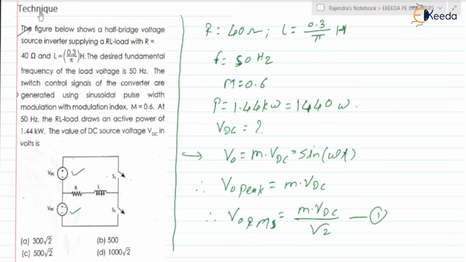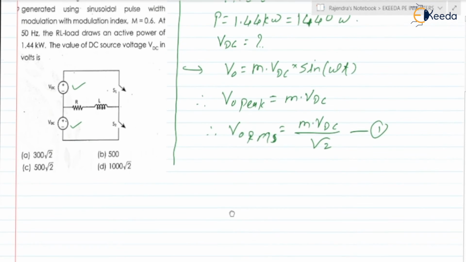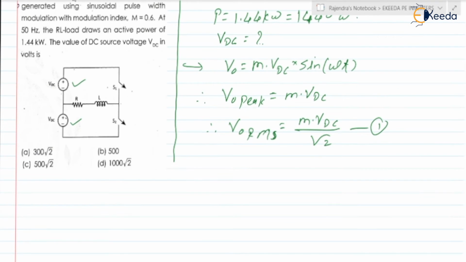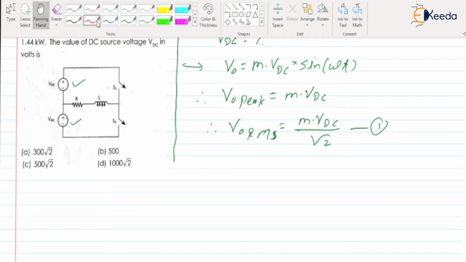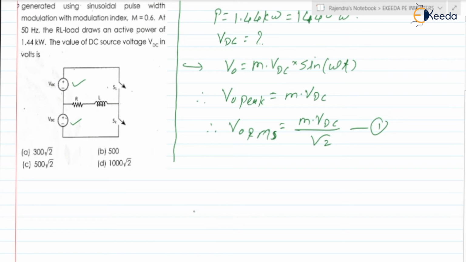Next, it is given that the power is 1.44 kilowatt. As we know, the power is equal to V into I into cos phi. So we can write P is equal to V0 RMS into I0 RMS into cos of phi.